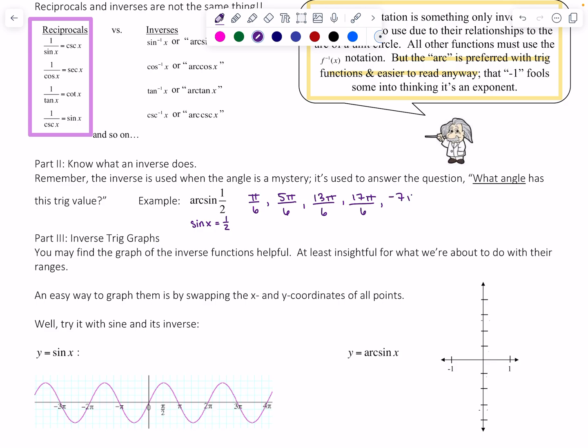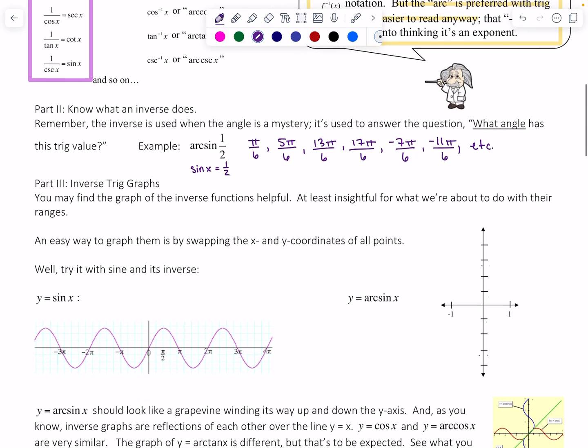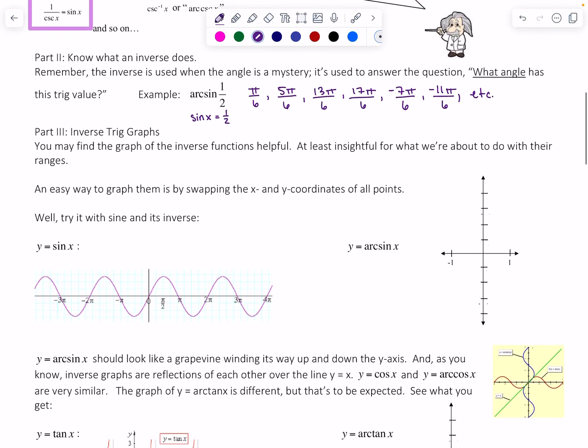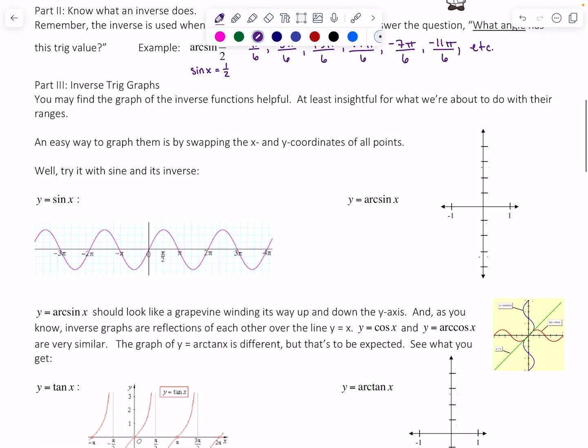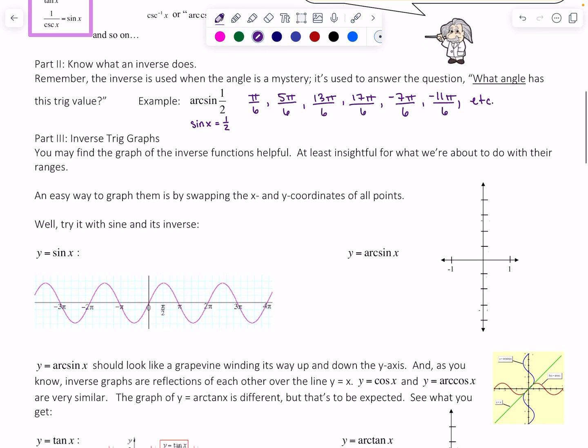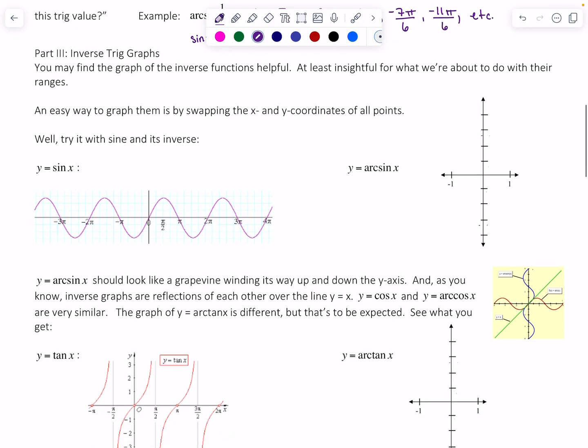Or we actually could put it in negative as well: -7 pi over 6, -11 pi over 6, etc. We actually wrote that in terms of an equation when we were solving, and it has all these different values. Okay, so let's think about this in terms of our graph. That's going to help us answer these in general, because these are a lot of answers up here. We could keep going and going.